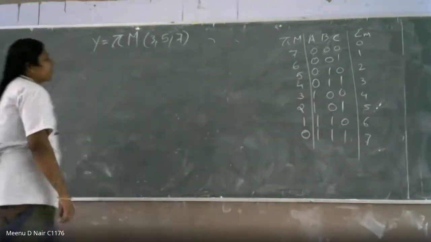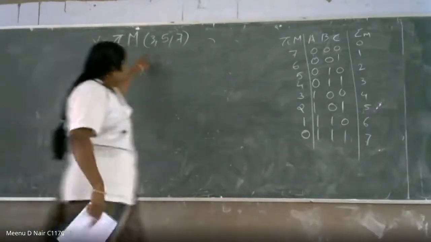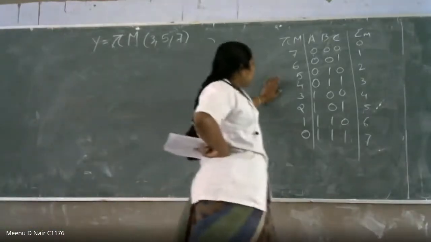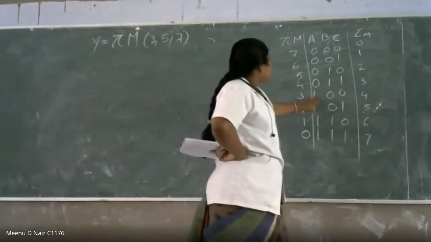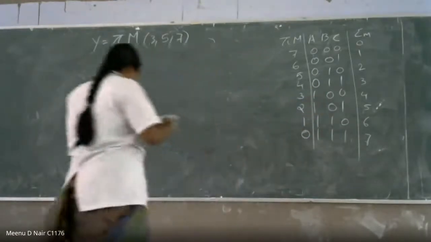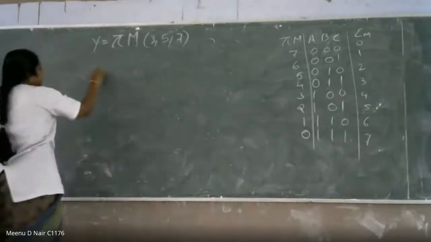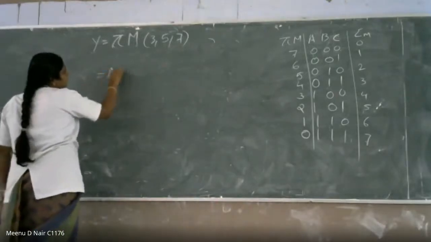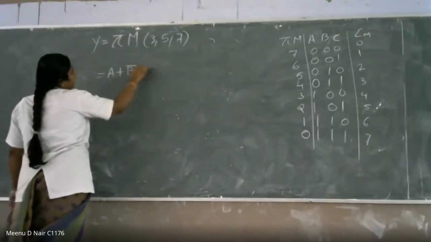So how to write this one? Pi m 3. 3 corresponds to 100, so you have to write it as A plus B bar plus C bar.